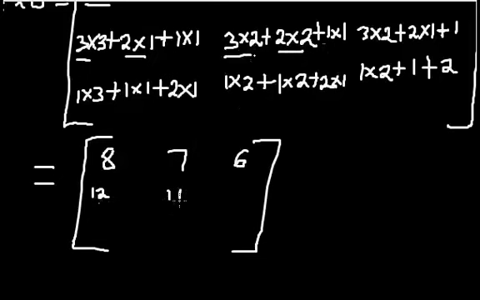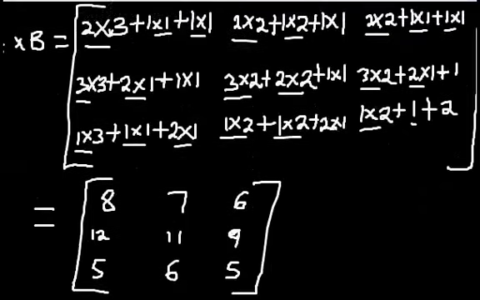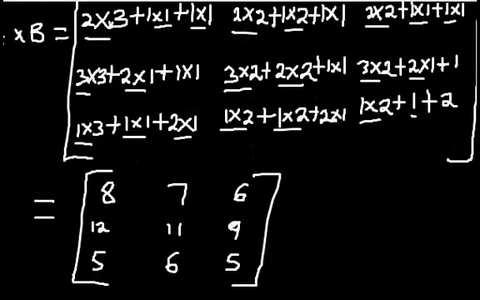Plus 1, 11. 6 plus 2, 8 plus 1, that's 9. 3 plus 1, 4, plus 2, 5. 2 plus 2, 4, plus 2, 6. 2 plus 1, 3, plus 2, 5. So that is our answer, as simple as that. So I hope that is well understood.